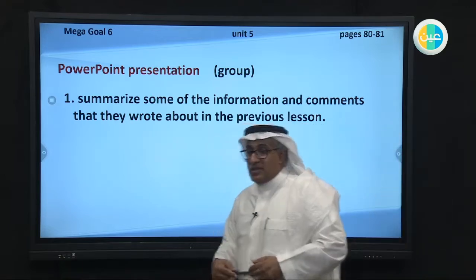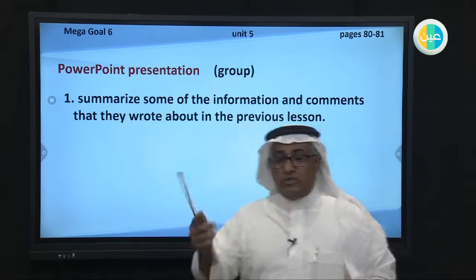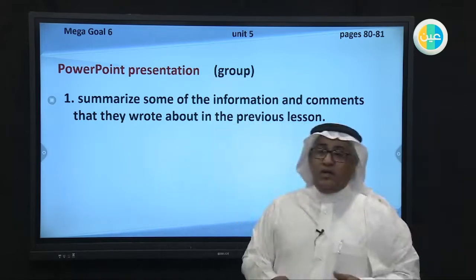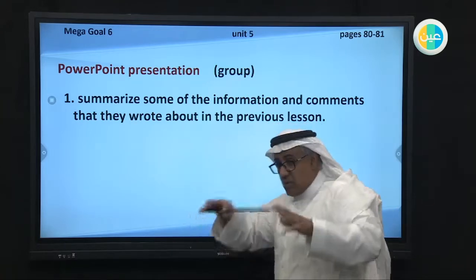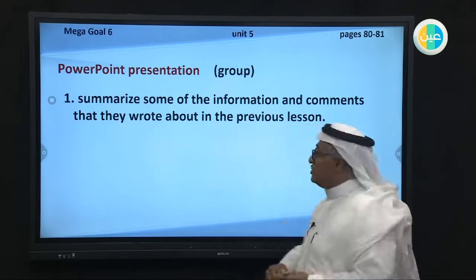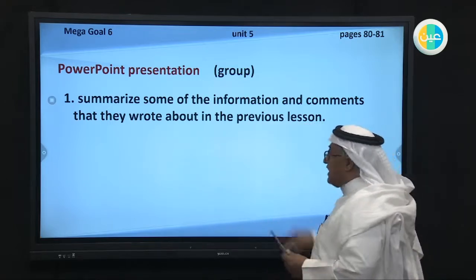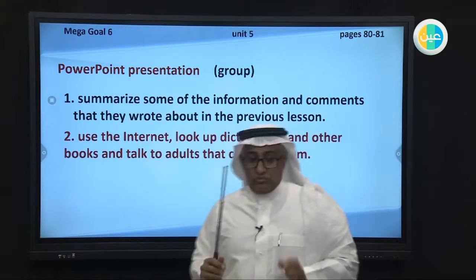Okay. Do you remember our previous lesson? We talk about language and the languages of the world. Collect the information and write down all this information. Okay. Then after finishing, use the internet. Go through the internet.